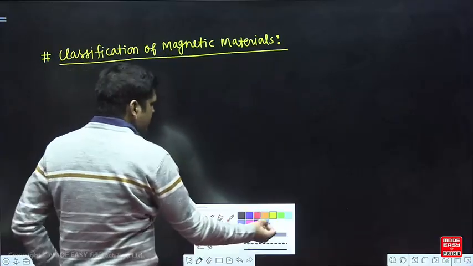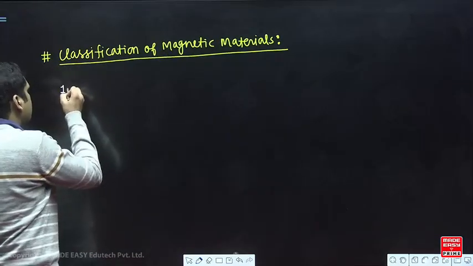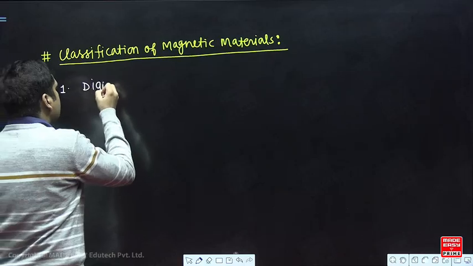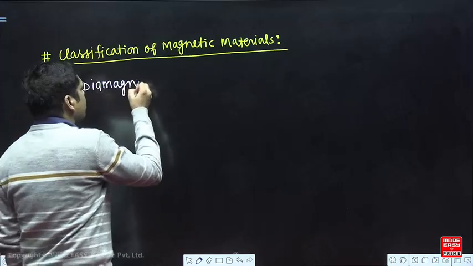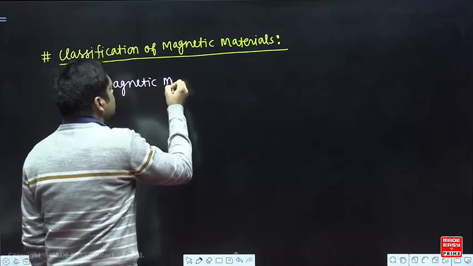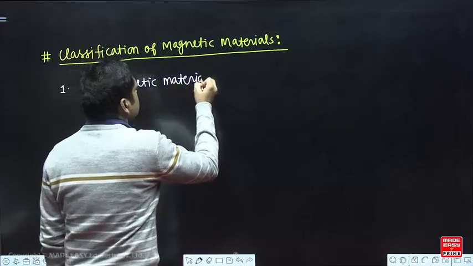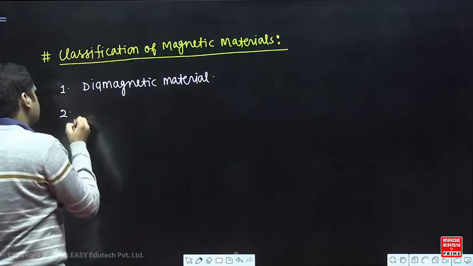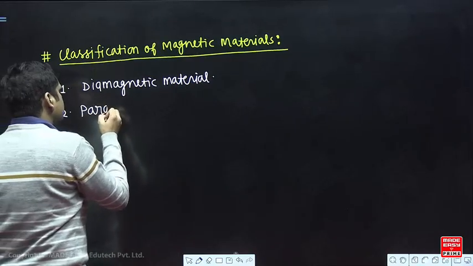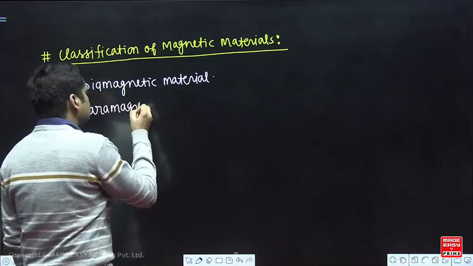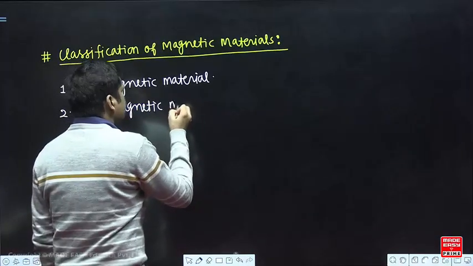The first one is diamagnetic material. The second one is paramagnetic material.